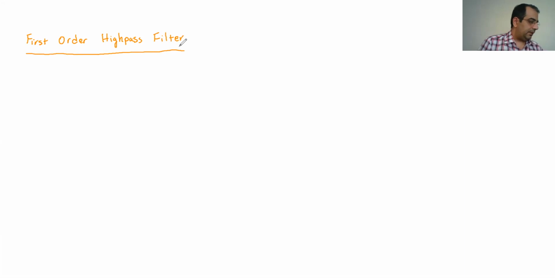So similar to what we have for the low pass filter, we can have it for the high pass filter. Again, this time, assume the previous time we have the resistance and the capacitance. Now we are going to just switch their place.